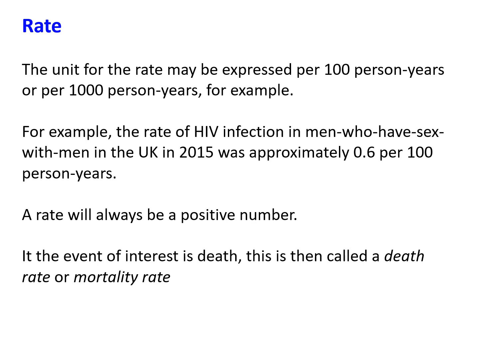The unit for the rate may be expressed per 100 person years or per 1,000 person years or for any time period. So for example, the rate of HIV infection in men who have sex with men in the UK in 2015 was approximately 0.6 per 100 person years. A rate will always be a positive number. If the event of interest is death, then this is called a death rate or a mortality rate.